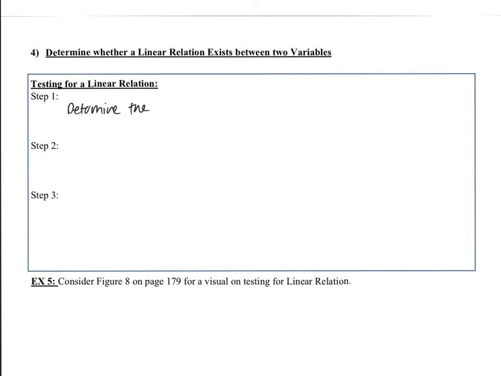Determine the absolute value of the correlation coefficient. Second, we're going to find the critical value in the table from Appendix A. Okay, so in the back of your book, there are a bunch of tables, and they all have different names. We're looking for Table 2.